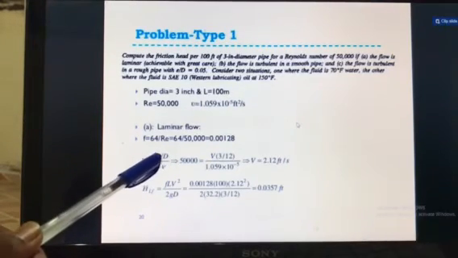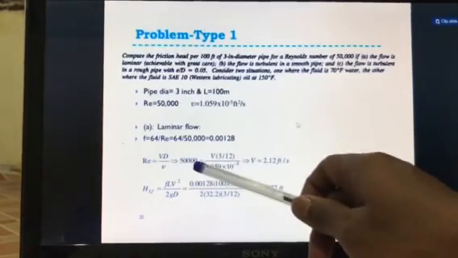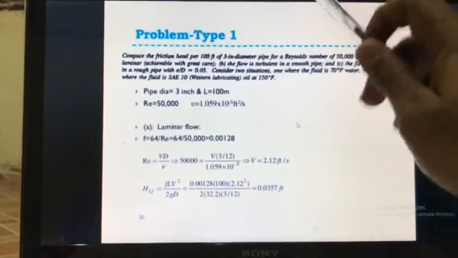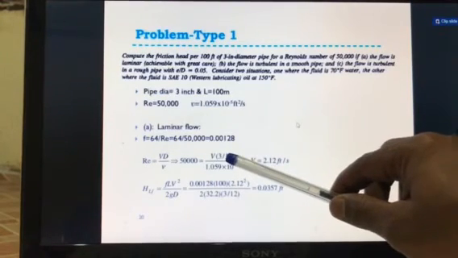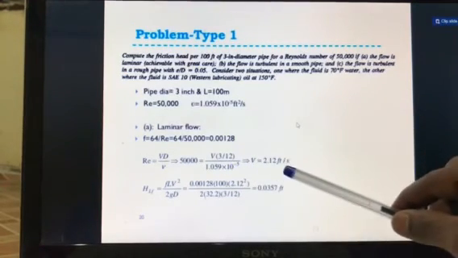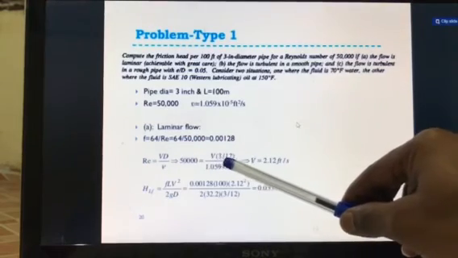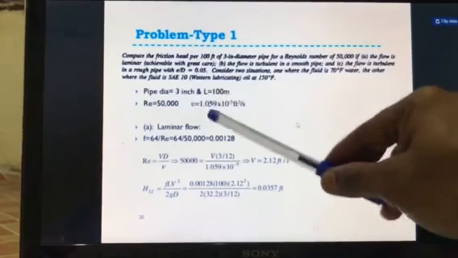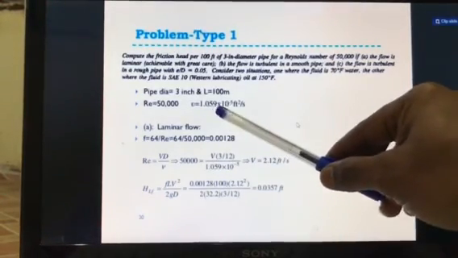So the Reynolds number is known, and from this you will come to know the velocity. As diameter D and kinematic viscosity nu are known, 50,000 equals V times diameter 3 by 12, divided by kinematic viscosity 1.059 times 10 raised to power minus 5.